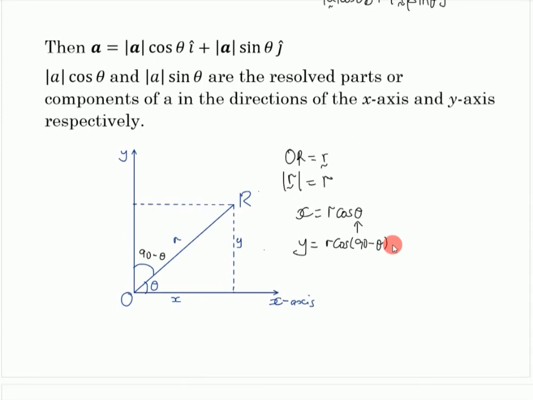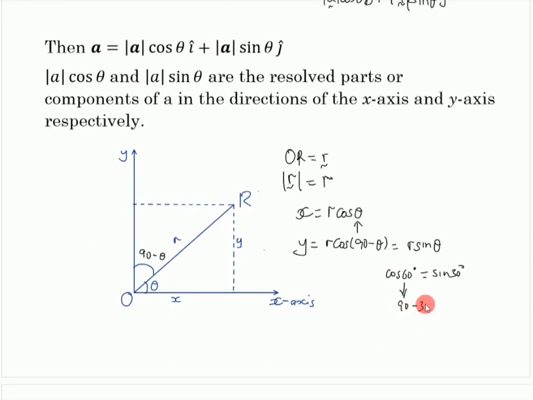But when you work this out, cosine of 90 minus theta is the same as the sine of theta. That is what we have, because cosine of 60 degrees is the same as sine of 30 degrees. This one is the same as 90 minus 30.